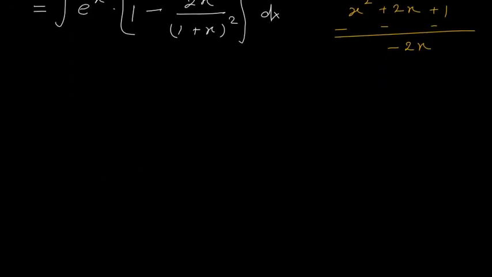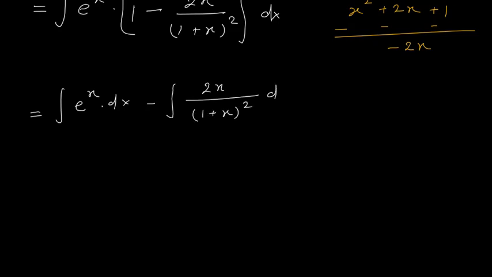So this is equals to integration of e power x dx minus integration of 2x upon 1 plus x the whole square dx.